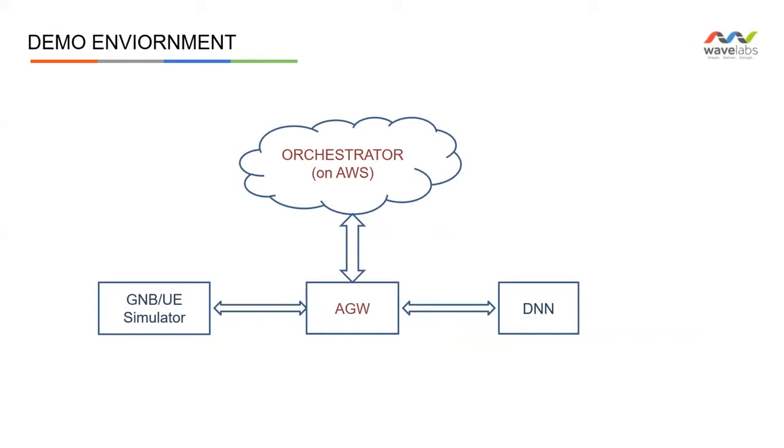Here we have the orchestrator in AWS, which is connected to the AGW, where the Magma services are running. And we have a gNB and the UE simulator, which is going to connect to the AGW, register, and finally establish the PDU session and connect to the DNN for sending the traffic. So this is the layout.